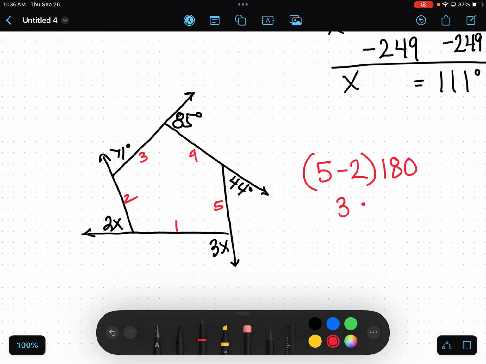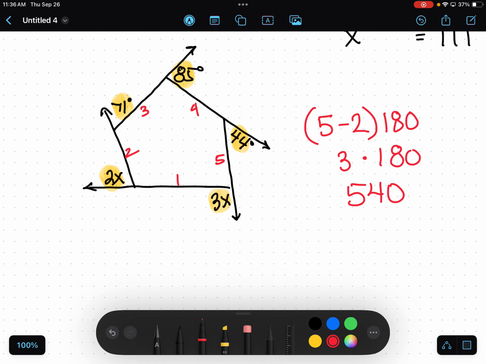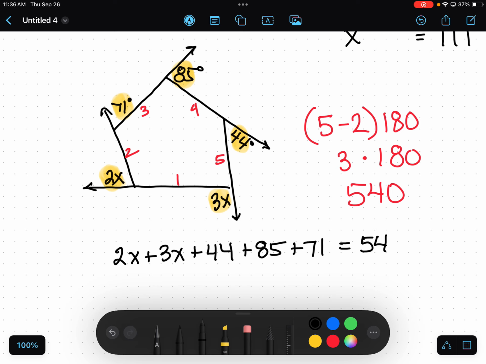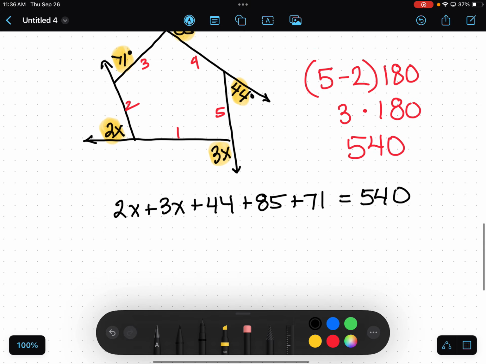But if I do that, I get 3 times 180, which ends up being 540. So that means 3x, 44, 85, 71, and 2x should all add up to be 540 degrees. So 2x plus 3x plus 44 plus 85 plus 71 should all add up to be 540 degrees. So your job is to figure out how big that x is.